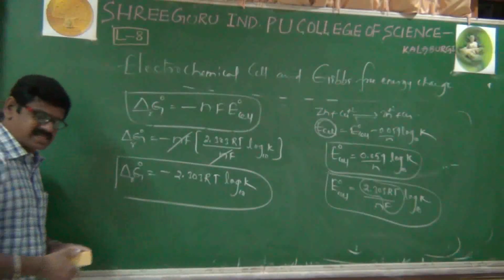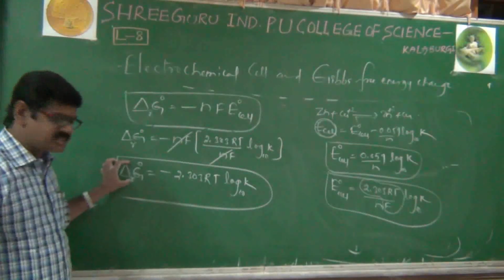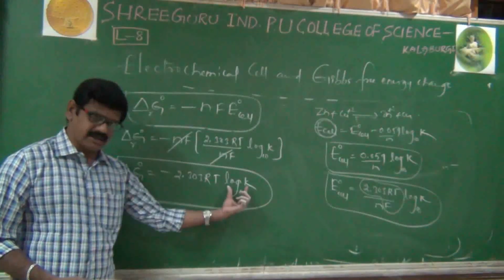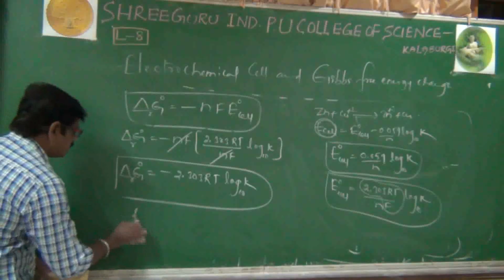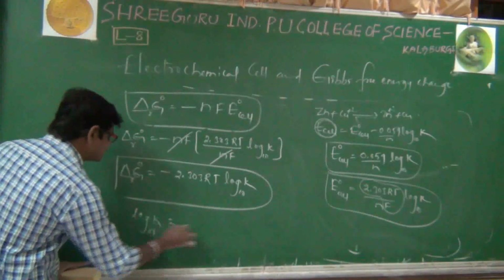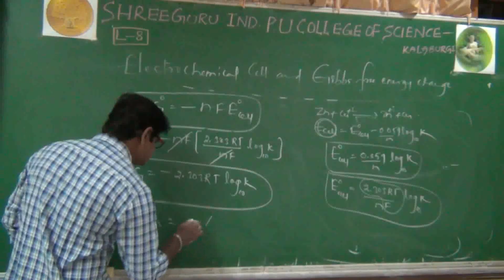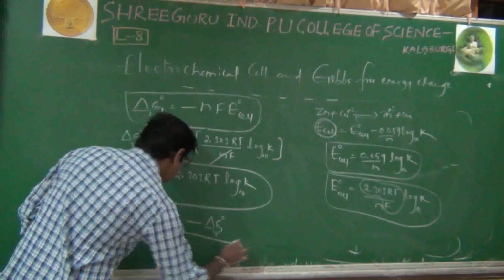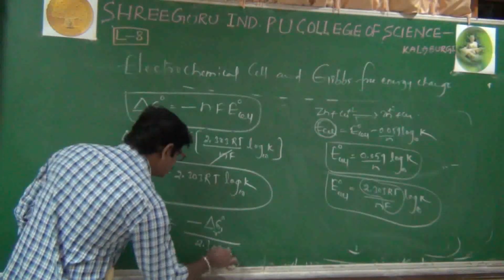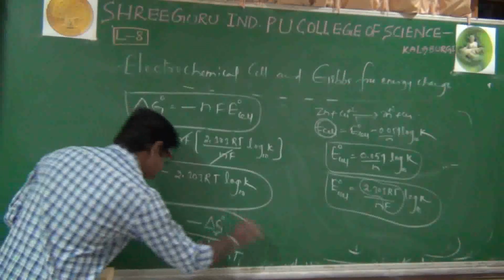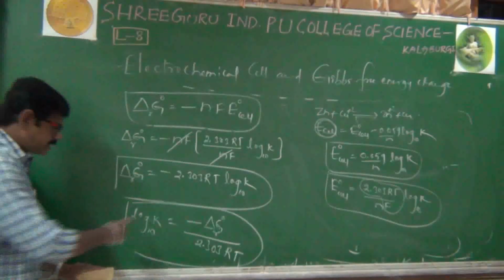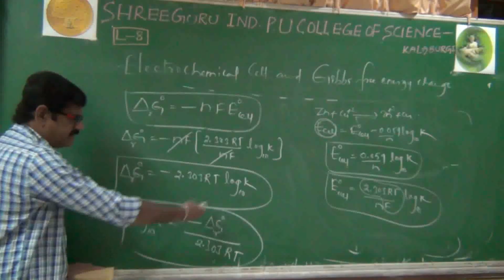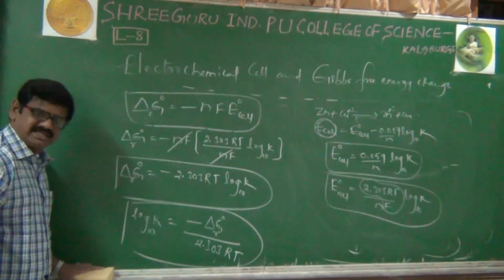This is the relation between Gibbs free energy change and equilibrium constant. Here also we can bring log base 10 K to the LHS. Log base 10 K is equal to minus delta G naught divided by 2.303 RT, or K is equal to the antilog of minus delta G naught by 2.303 RT.